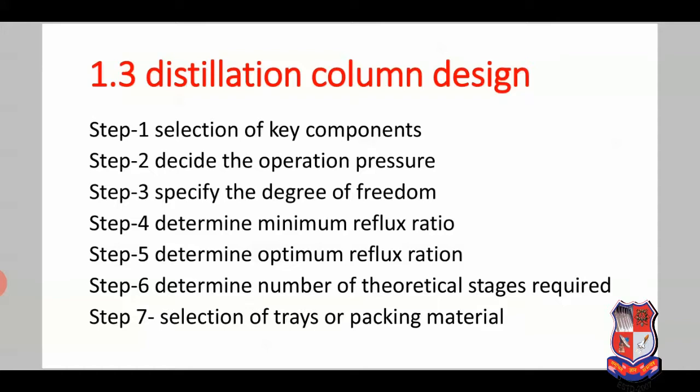Now this total cost comprises two costs: one is the operating cost and another is the fixed cost. But at the optimum reflux ratio, the total cost of the distillation column will be minimum. This is the importance of the optimum reflux ratio.